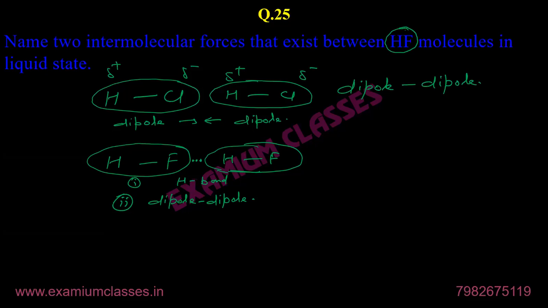So apart from dipole-dipole bond, in HF we have hydrogen bonding also. Yes, Shivangi, it is a special case of dipole-dipole interaction where we have hydrogen bonding. Yes, Tuhina, correct. Good.